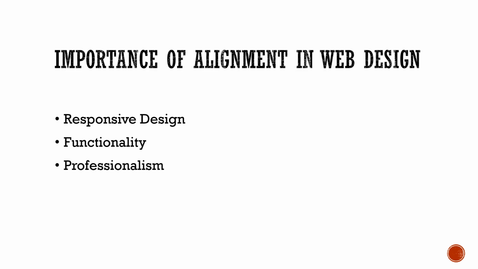Now, let's talk about functionality. It's not just mobile design that can be affected negatively with poor alignment. In general, your website elements need to align for full functionality. If your website user thinks that they're pressing a button or a link, but it's not properly aligned, then they may simply think that your website is broken.